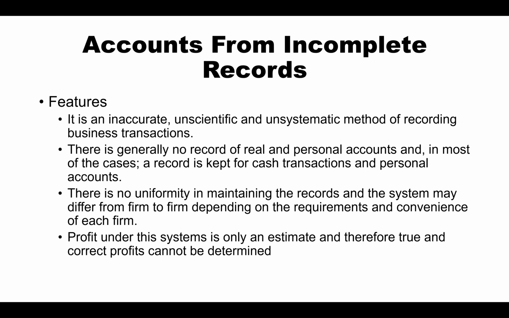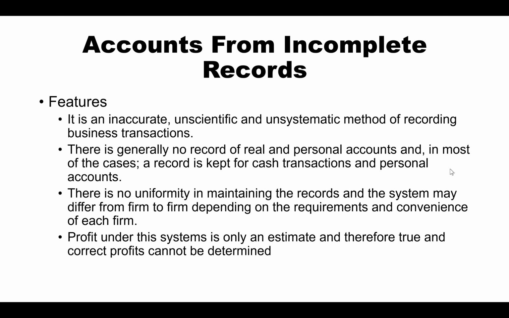Then there is no uniformity in maintaining the records, and the system may differ from firm to firm depending on the requirements and convenience of each firm. Then profit under this system is only an estimate, and therefore true and correct profits cannot be determined. So those are the features that we are going to find in most of these incomplete records.